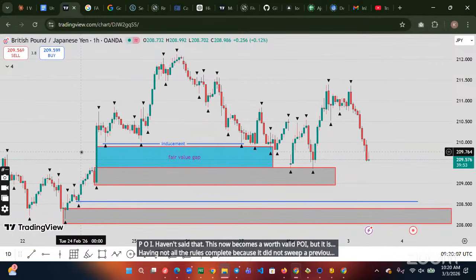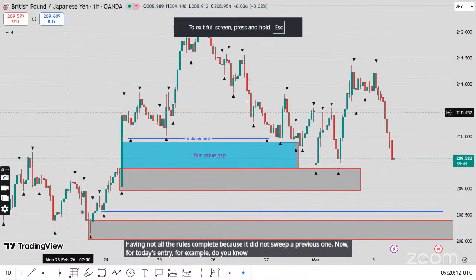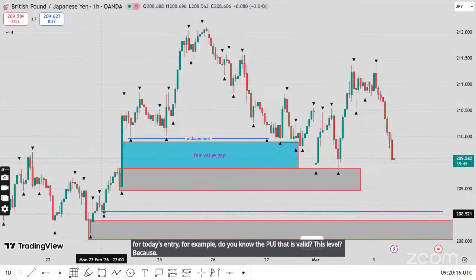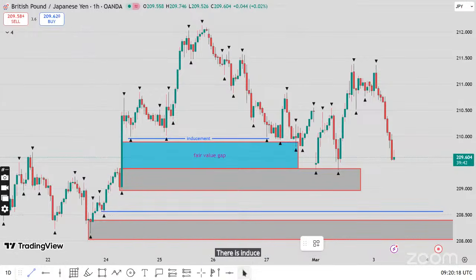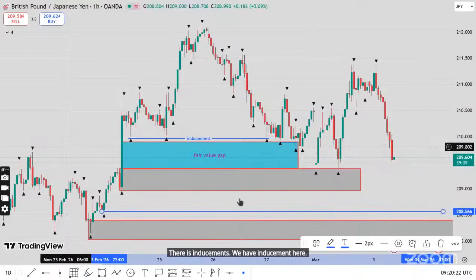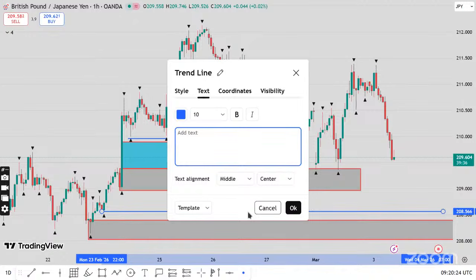Now, for today's entry, for example, do you know the POI that is valid? This level, because there is inducement. We have inducement here. At least this is almost 90%. We have inducement here.